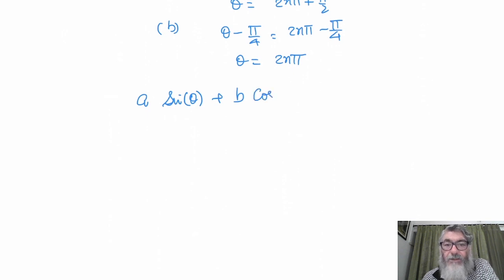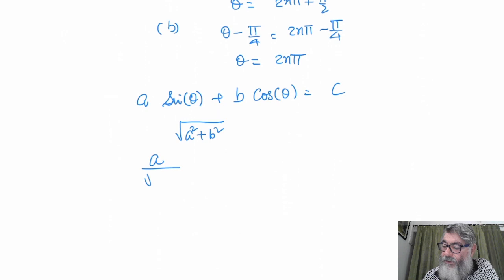Then we divide the whole equation by this: A upon under root A square plus B square sin theta plus B upon under root A square plus B square cos theta is equal to C upon under root A square plus B square.